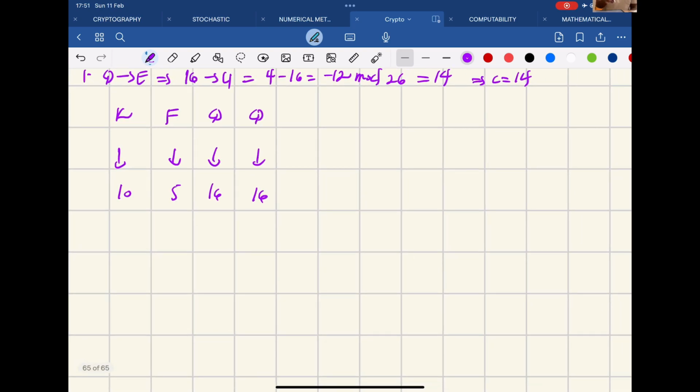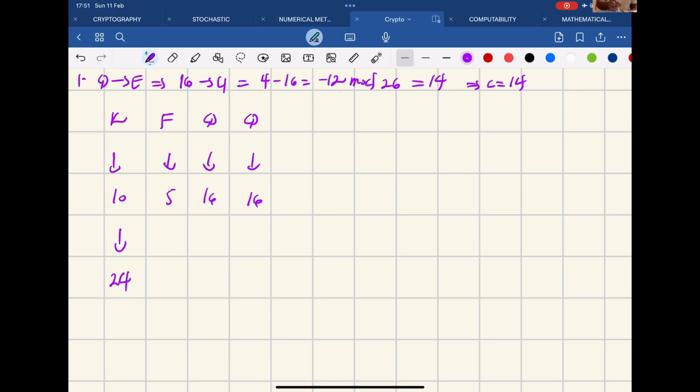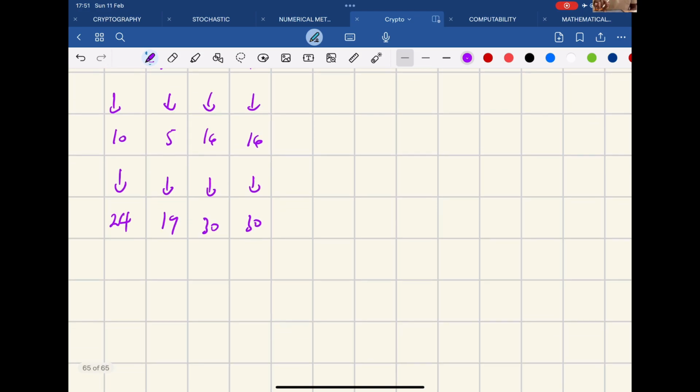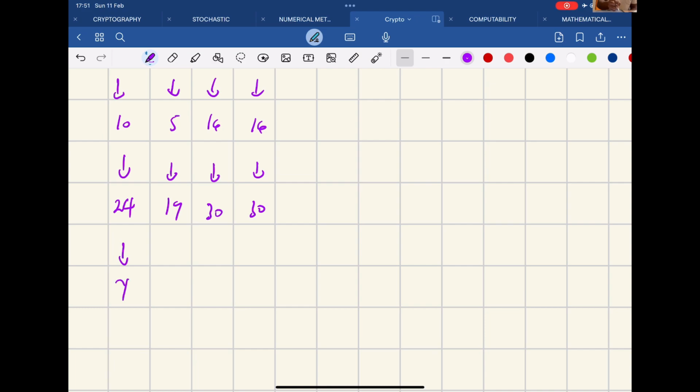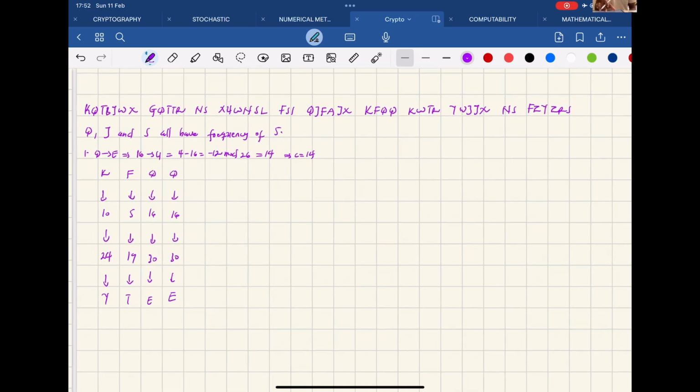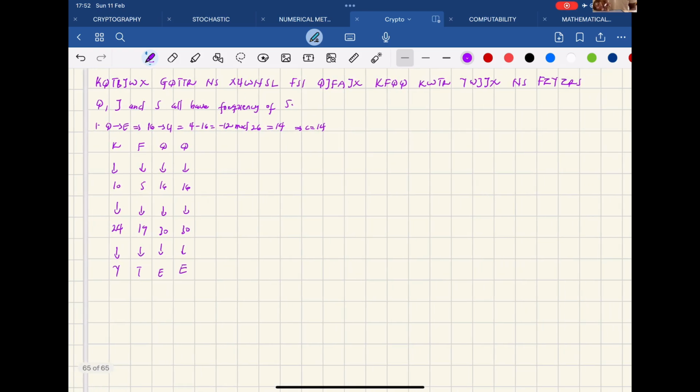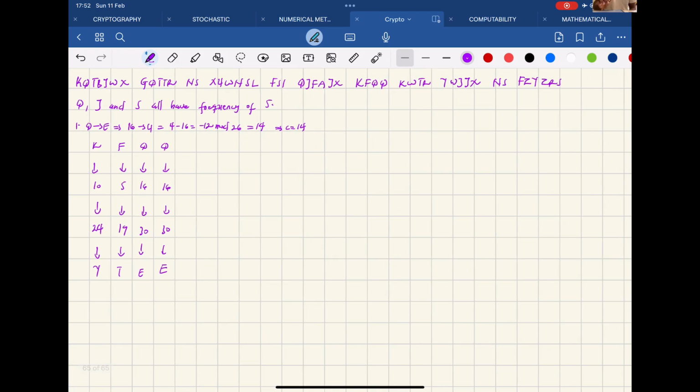If I add this C to these values, I get 24, 19, 30, 30. 24 corresponds to the letter Y, 19 corresponds to T, and 30 modulo 26 is 4, so you get E. YTEE is not a word in the English alphabet. So Q doesn't correspond to E.